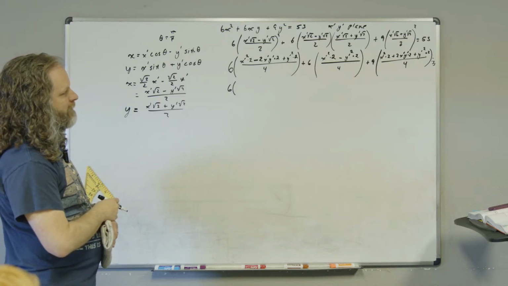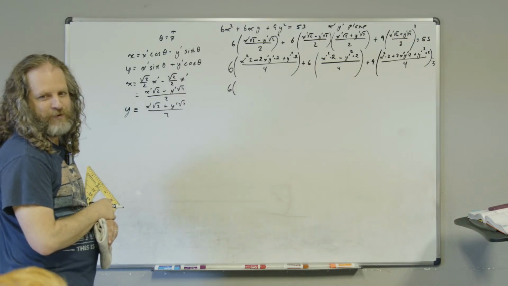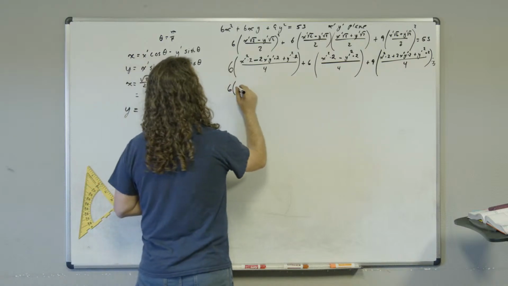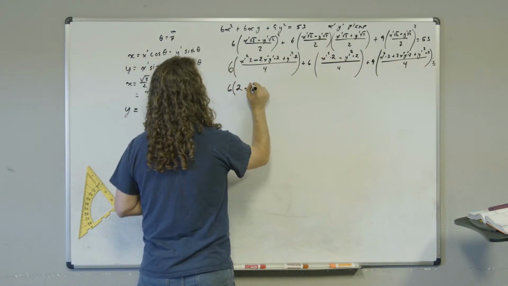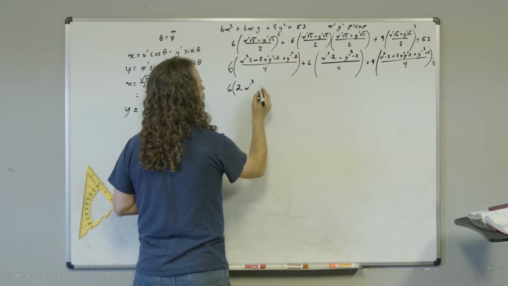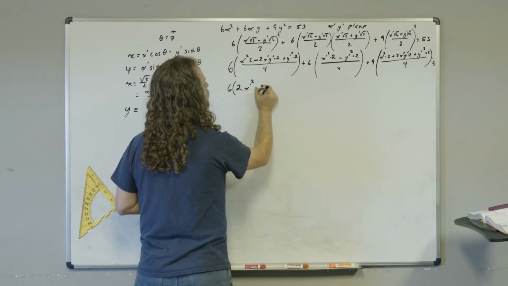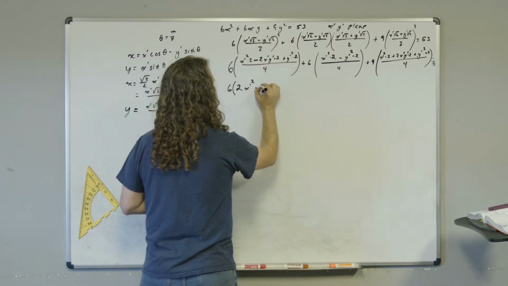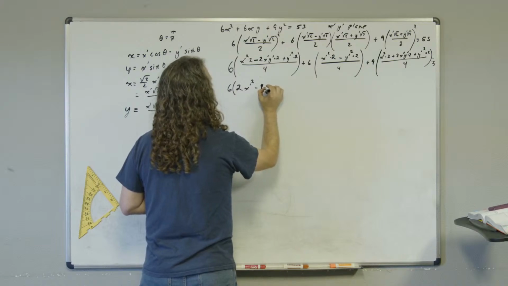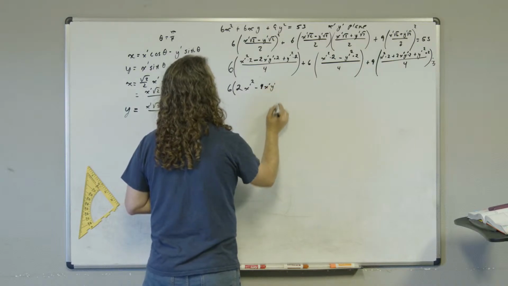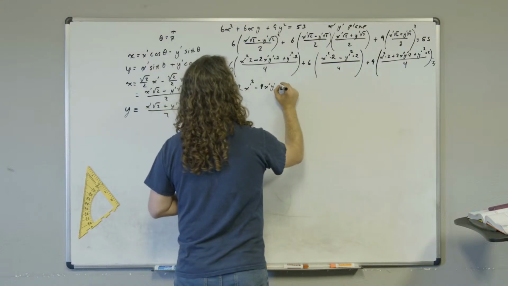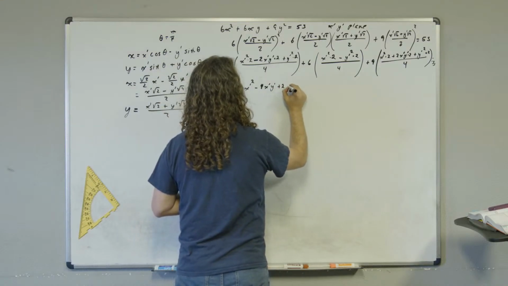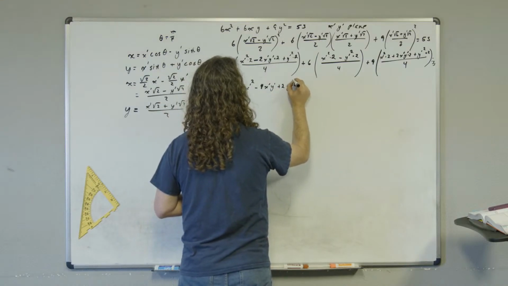Going more slow than typical. 2 times x prime squared minus 4, plus, no, how about 4x prime y prime, right?